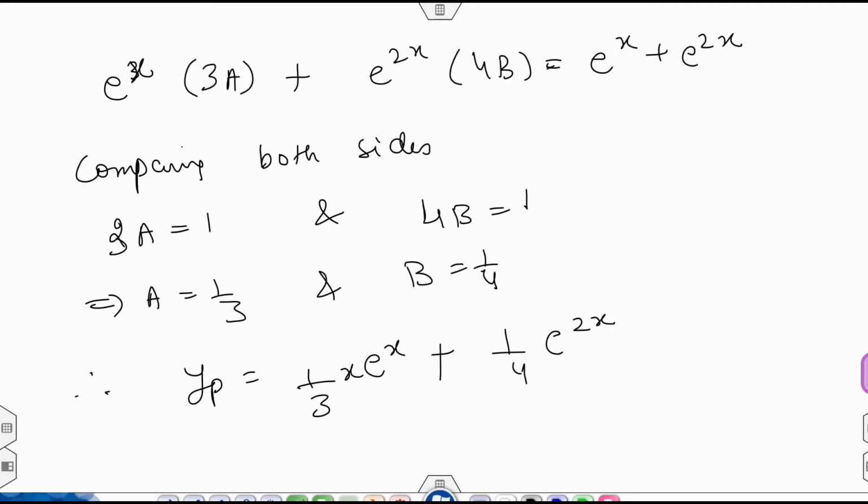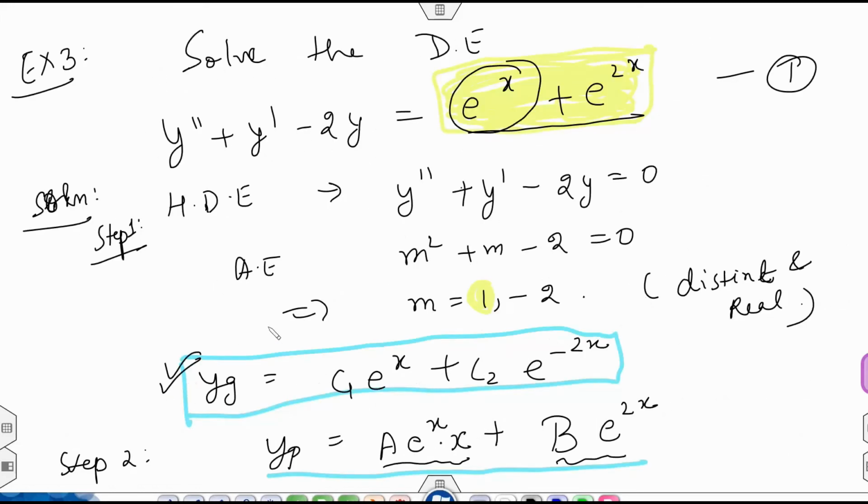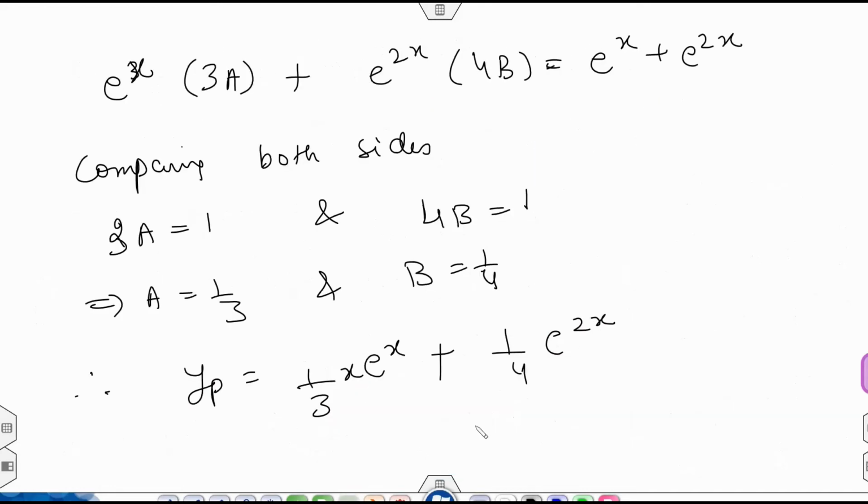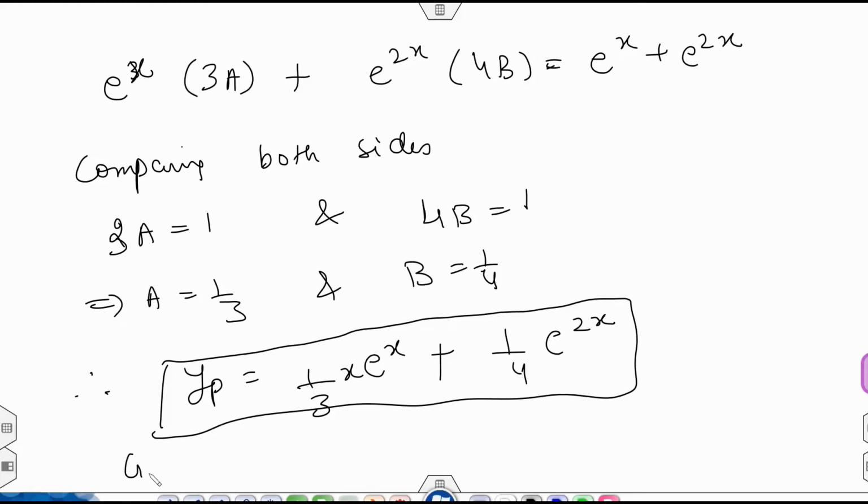Since you can already see that this is your yg and this was your yp, here you calculated the value of a and b, so now you will put the value over here and you will get the yp as this. So what will be the general solution? Therefore, the general solution of non-homogeneous differential equation 1 is given by yg plus yp.